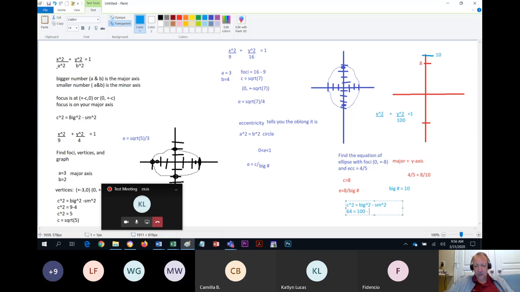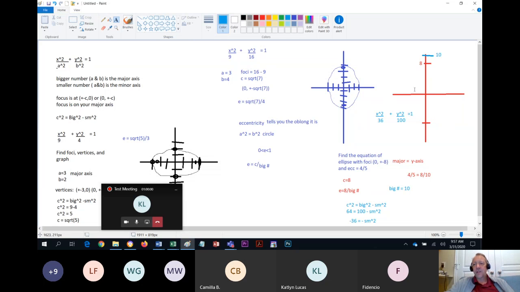Then I can subtract, and I'm going to get negative 36 equals the negative small number squared. That's really all you need. I'll multiply those by -1 to get rid of the negative. And so in that case, this value here is 36.